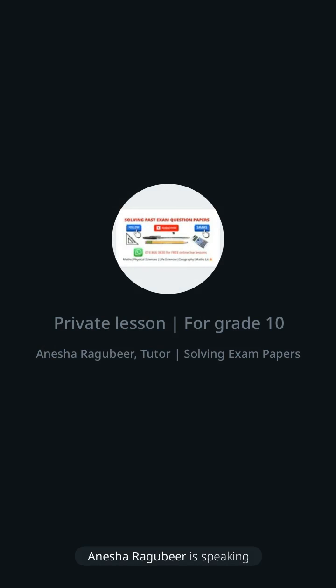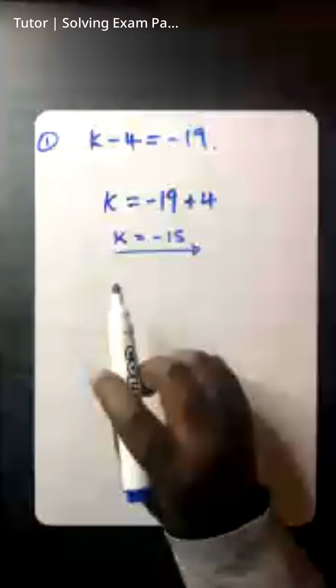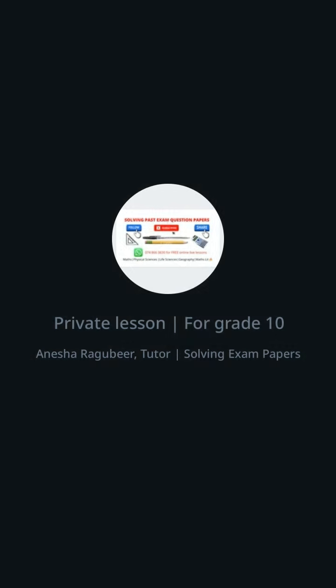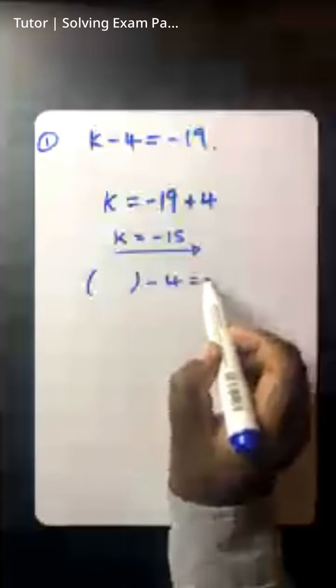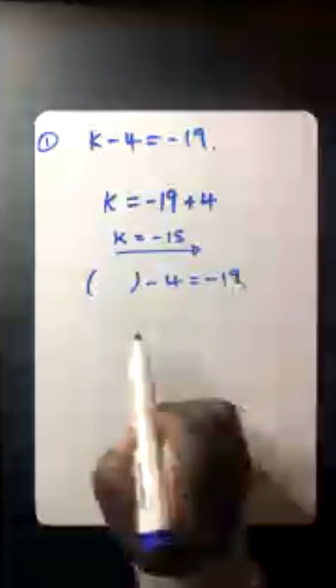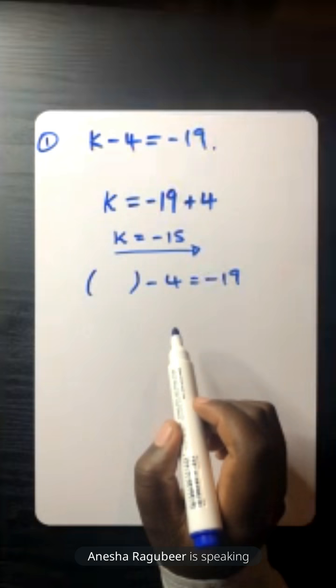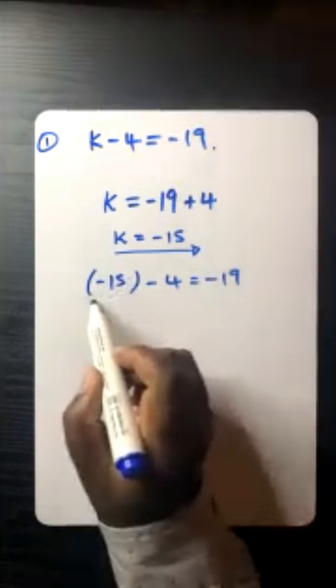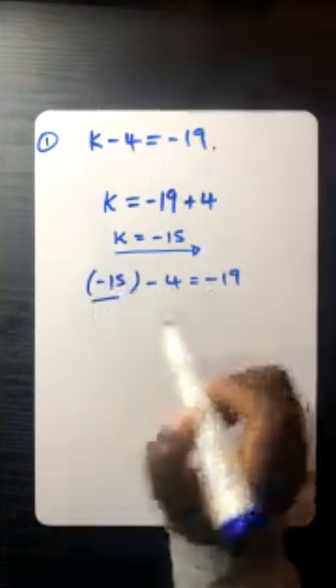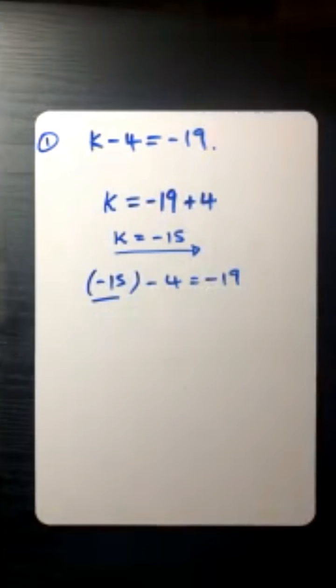So what is that number, Shreyas? So when you say negative 15 minus 4, is it equal to negative 19? Yes, sir.